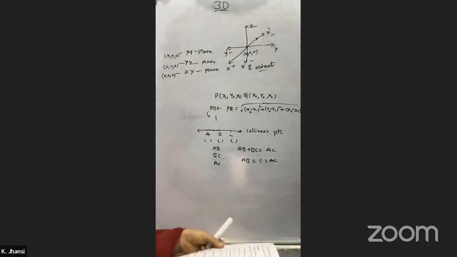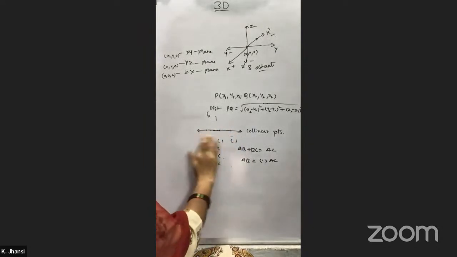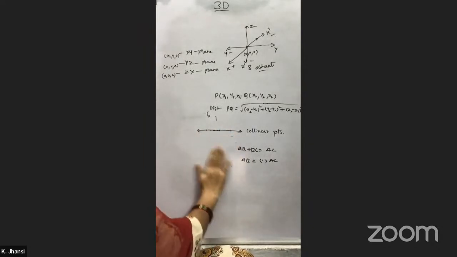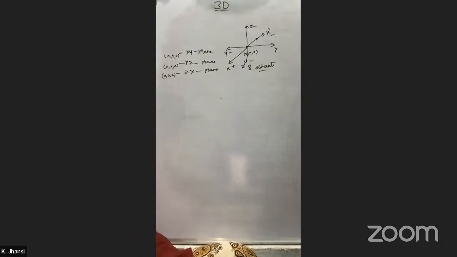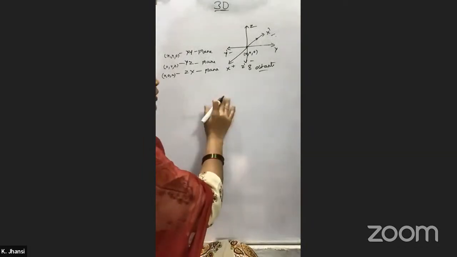And next we can see the midpoint of a line. When a line is there and it is dividing like this, 2 points are there. Next, we have seen the midpoint in 2D also.